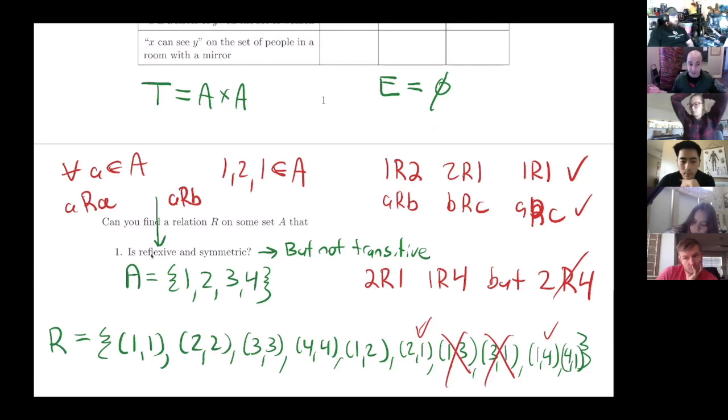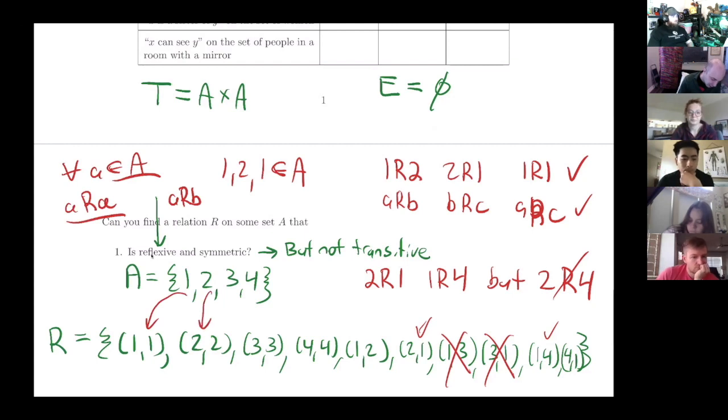All we're saying is that if this is going to be reflexive for everything in the set, we need to have A related to A. So for this set, we have 1 related to 1, 2 related to 2, 3 to 3, 4 to 4. That satisfies reflexive. If I don't have one of those, it's not reflexive. But if I have all 4 of those, no matter what else I add to this set, it's definitely going to be reflexive. Oh, I see. Okay, sounds good. Okay, anything else?